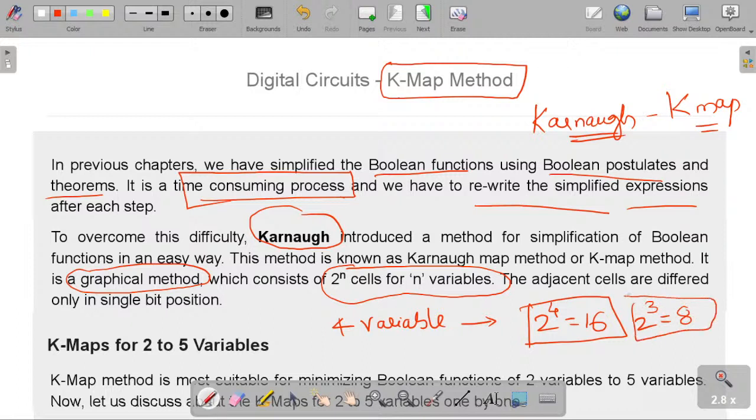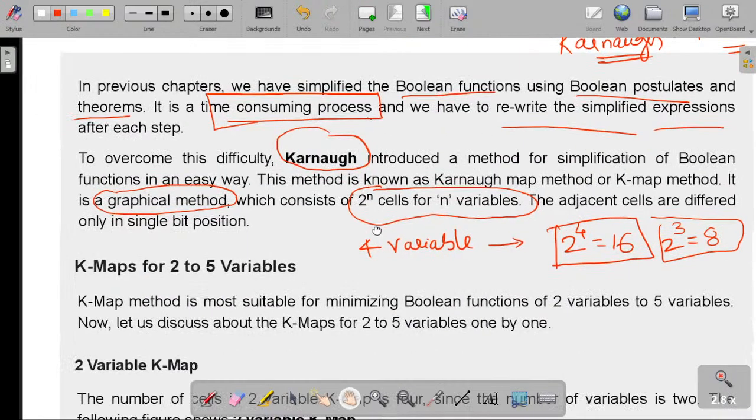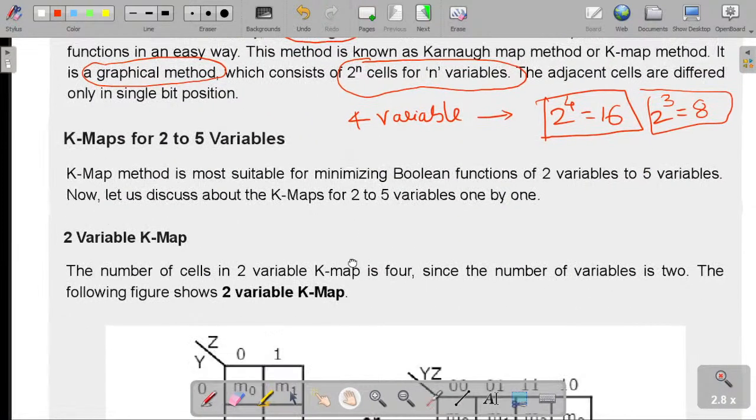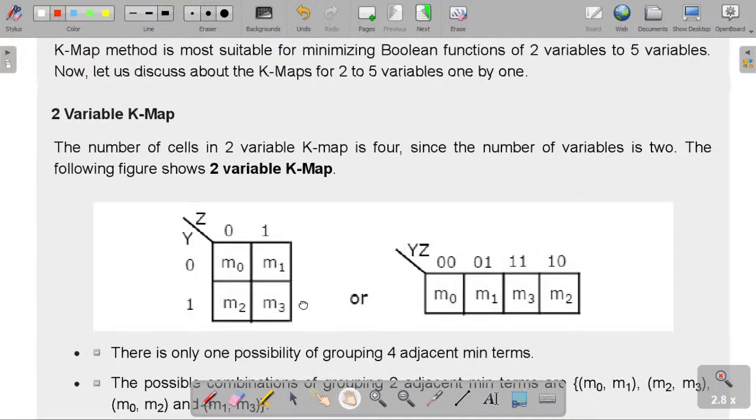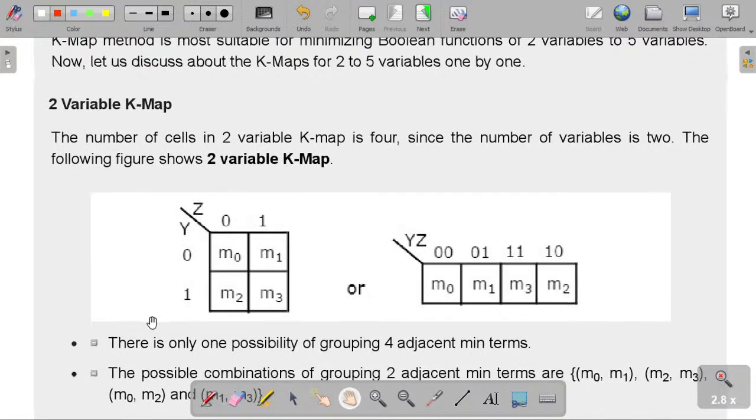So this is about the Karnaugh map and K-maps for 2 to 5 variables. Here are some examples of 2 variables and 1 variable. For 2 variables, this is the way, and y and z are the 2 variables.